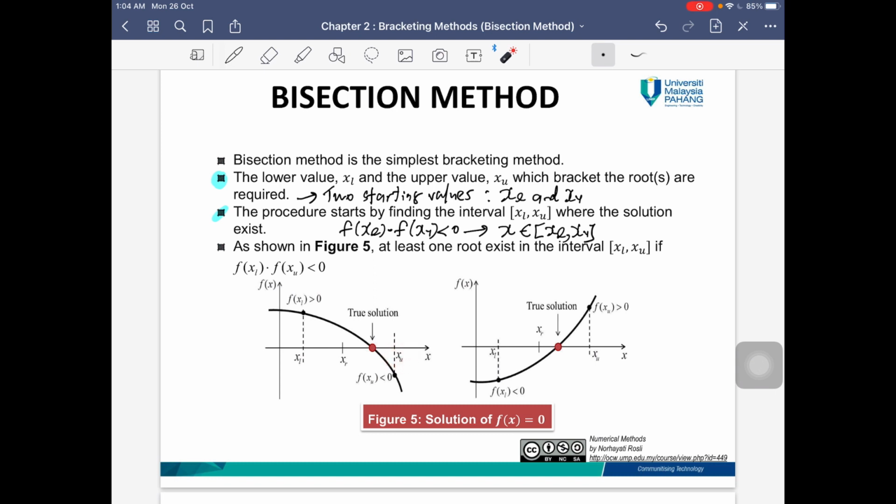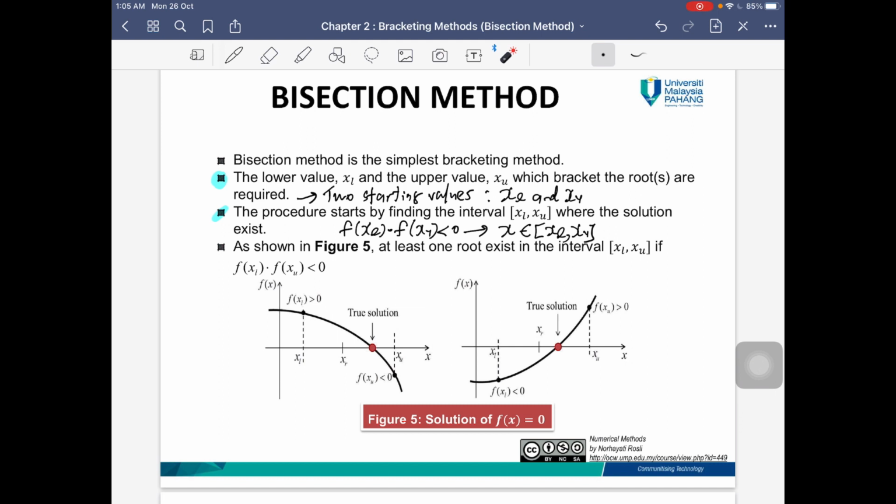So x_l gives you f(x_l) positive, and then f(x_u) negative. If we multiply these two, we get negative. So this can be our lower and upper limit because it's guaranteed that we will meet one solution.